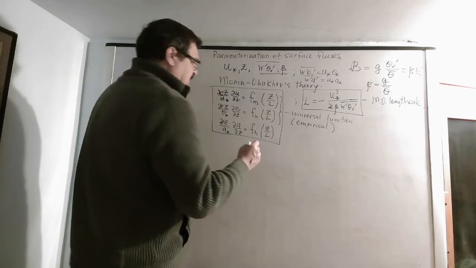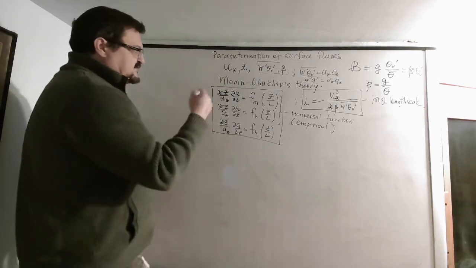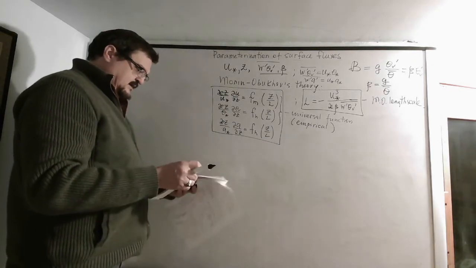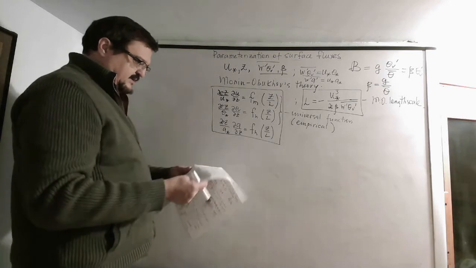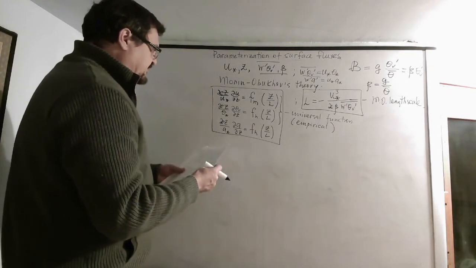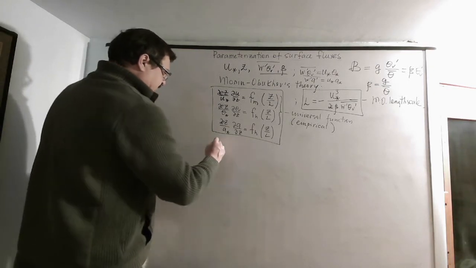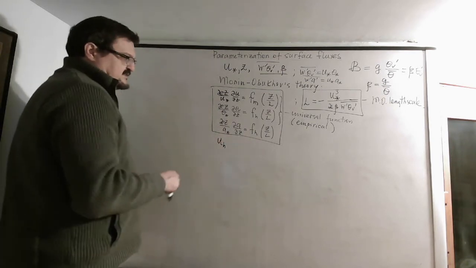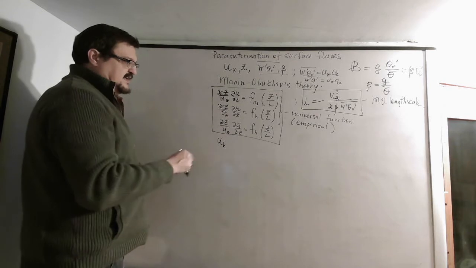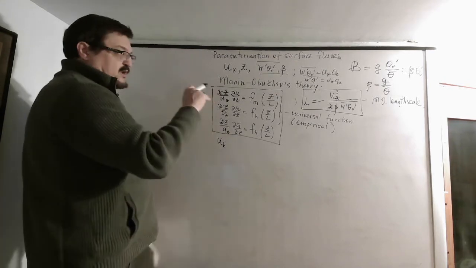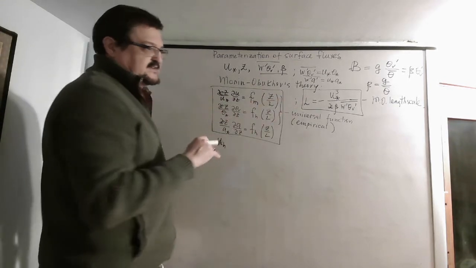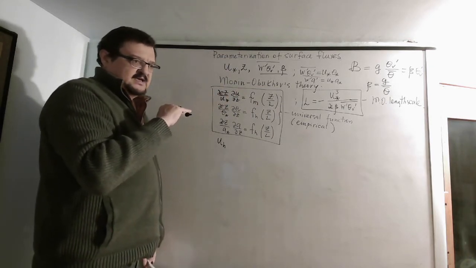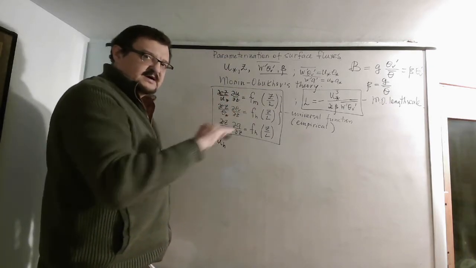So if you do this integration, you come up with the following formulas. u h is just the velocity at the height h, and h, to remind you, is our first grid level, so it should be placed somewhere within the surface layer.